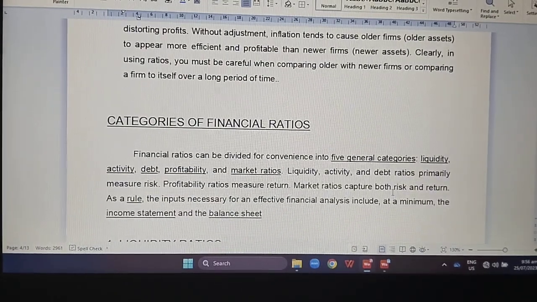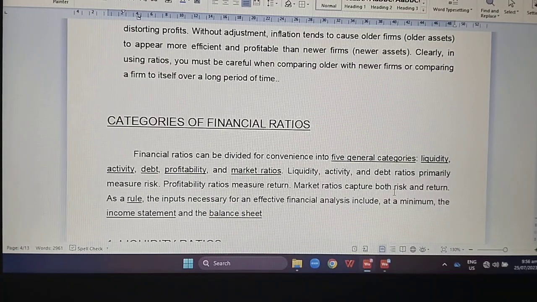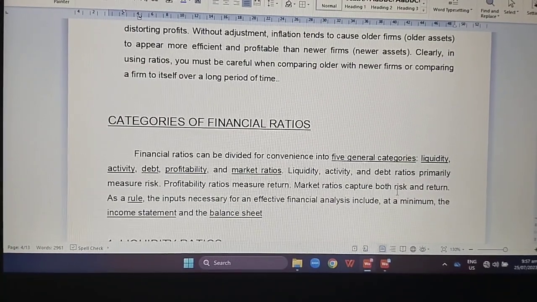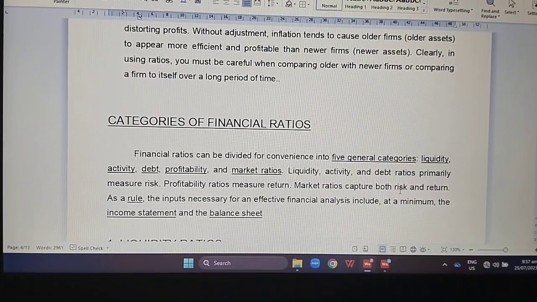Okay? Ito na. Categories of financial ratios. So, meron tayong 5. Okay? There are 5 general categories. Liquidity, activity, debt, profitability, and market ratios. Okay? So, ito yung titignan natin.